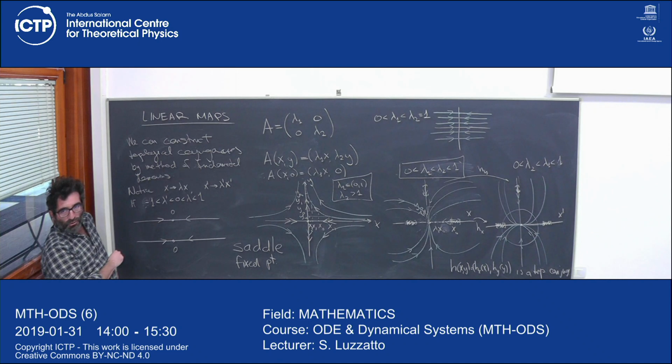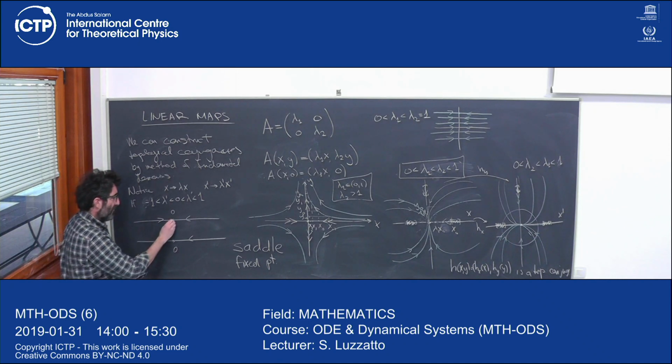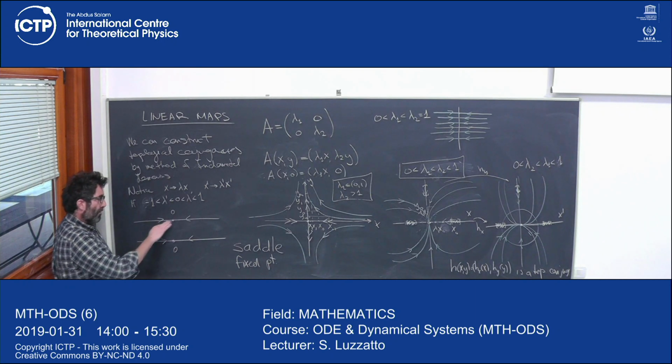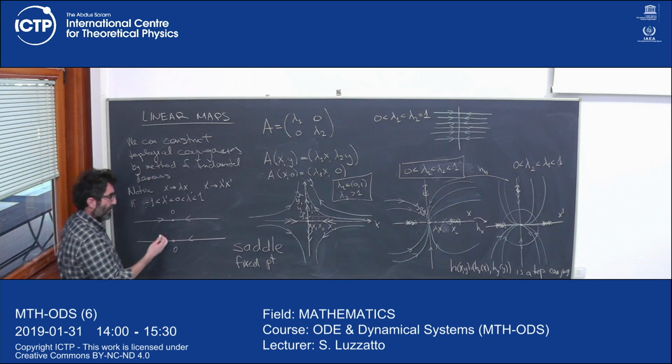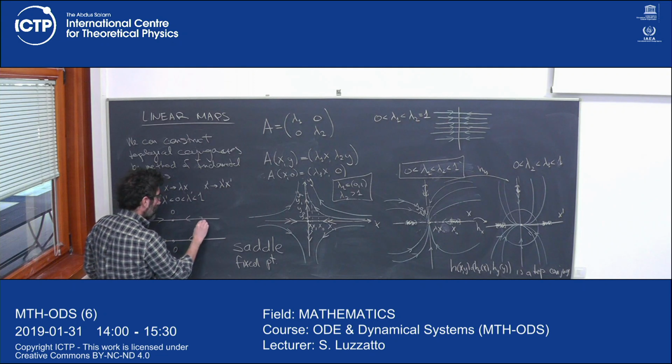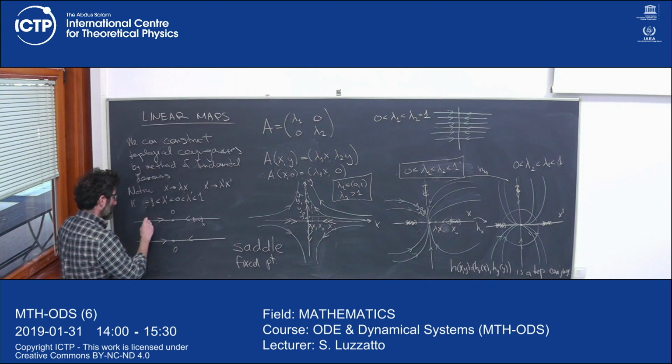So let's try to construct the conjugacy that we want to construct. In both cases the fundamental domain will be formed by two regions. So we take a point X and its image here, and then some other point X here and its image here.